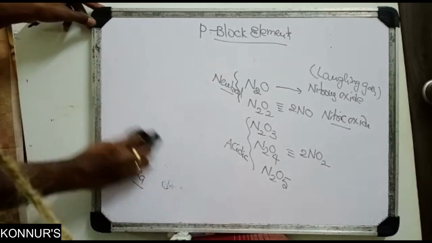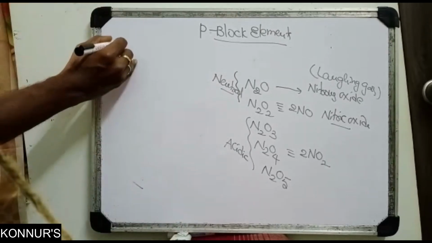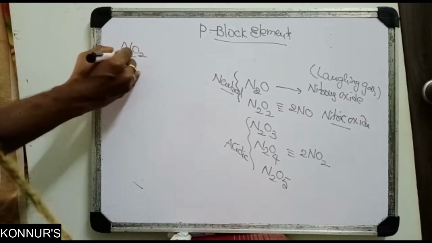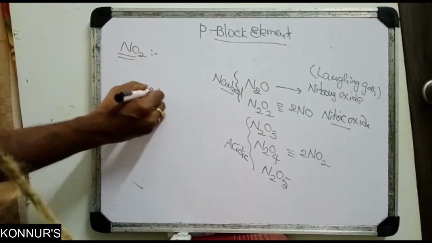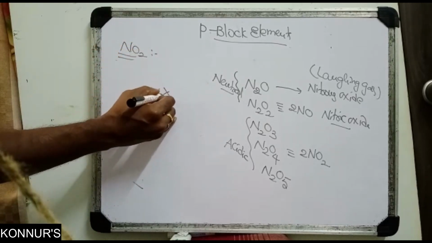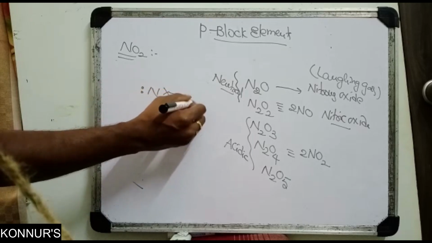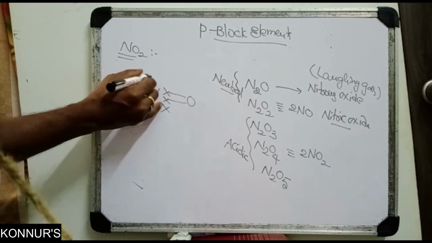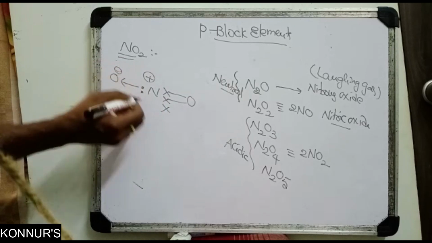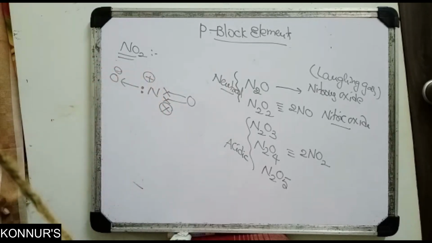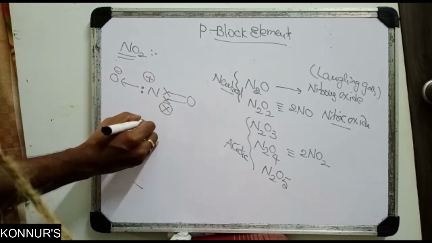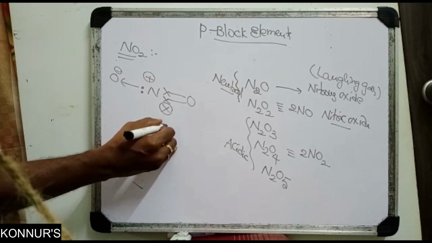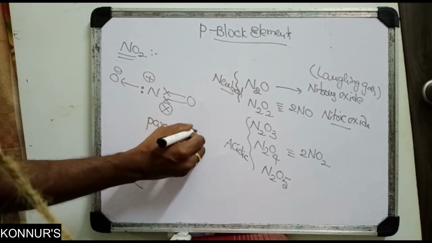Next, NO2. See, for nitrogen you take one lone pair and three single electrons, one O, second O, with a coordinate covalent or dative bond. So here one unpaired single electron remains, so it is paramagnetic and shows brown color.